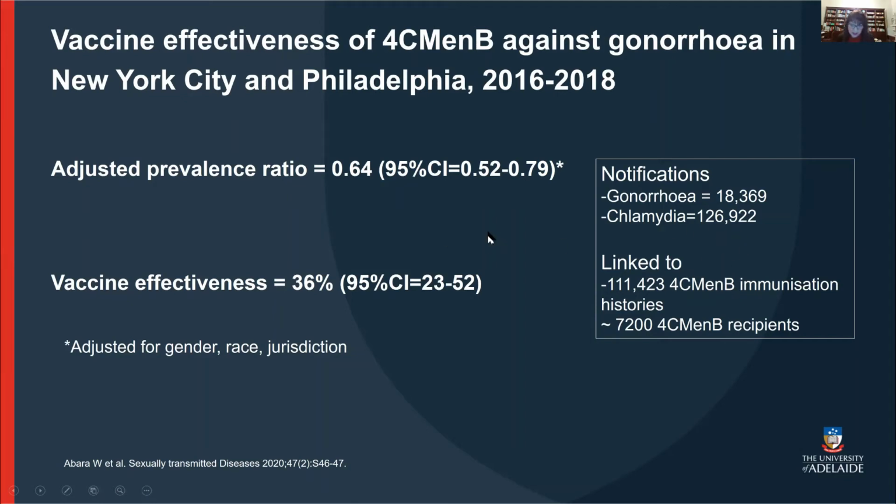And they then were able to link those to immunisation history on the immunisation register. Quite a small number of young people on their register had been vaccinated, but they found this significant vaccine effectiveness, again, around 36%. So very consistent with the New Zealand result.